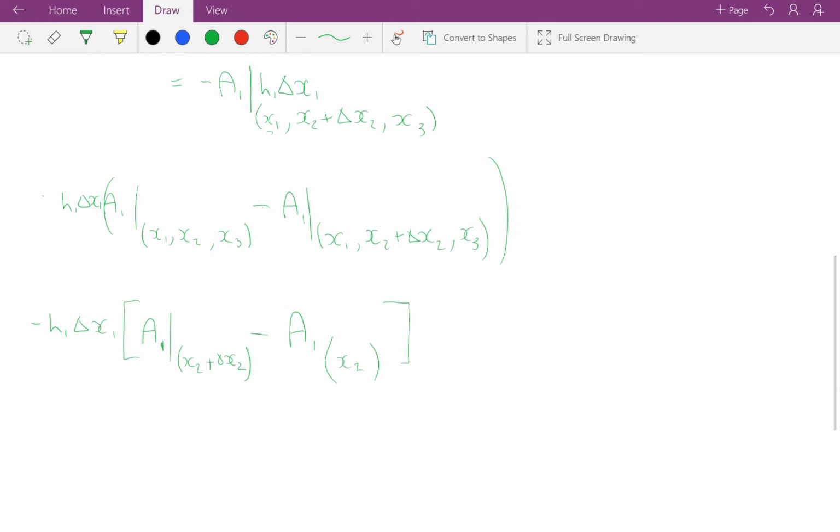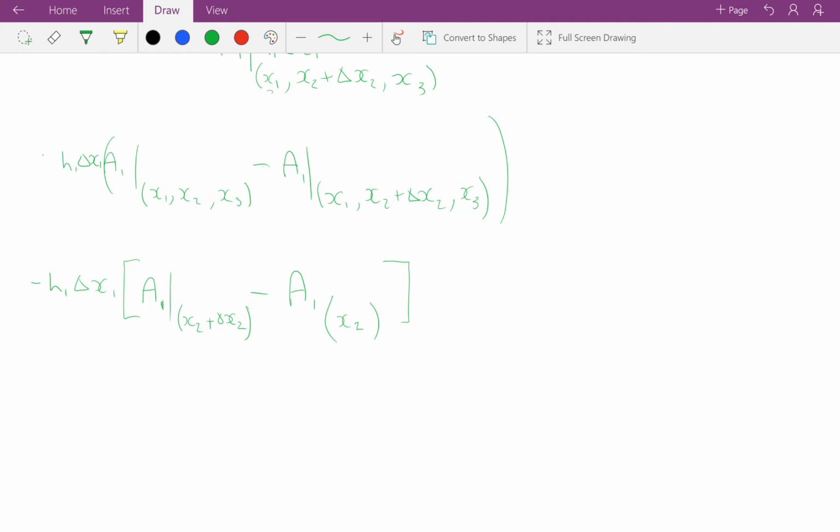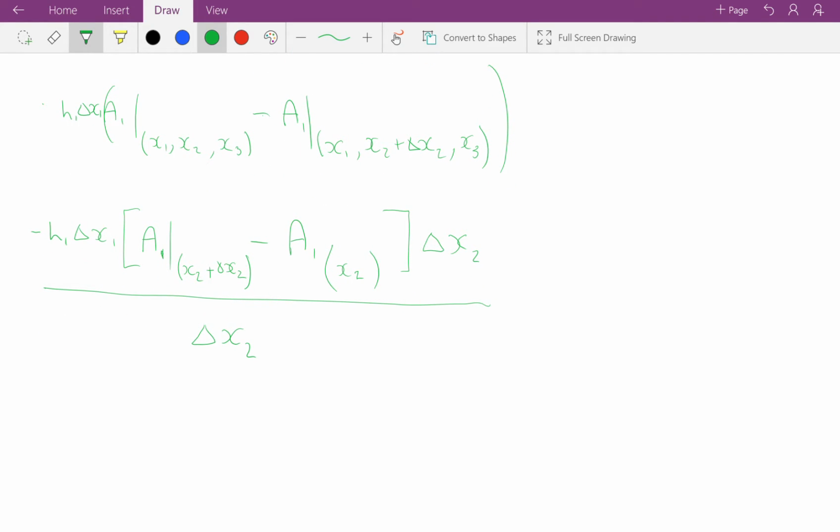Now we can multiply and divide by delta x2, and that will give us something that looks like our partial derivative definition. And we'll let all of our deltas go to d. So delta going to d, or going to basically 0, just a really tiny infinitesimal length. And so this term here is our partial derivative.